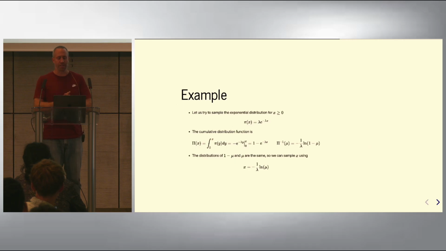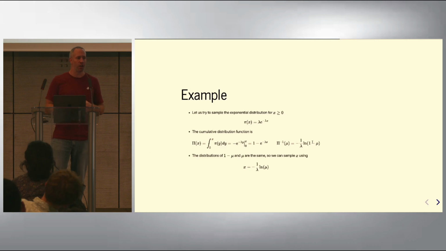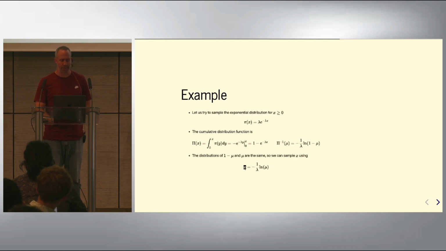We can do this with something slightly more sophisticated. So let's imagine I take a probability distribution, which is now this decaying exponential. Okay? Well, again, I can do everything analytically in this case. I integrate the function. It's again 1 minus the exponential. I can invert this. I get minus 1 over lambda times the log of 1 minus the number that I'm drawing, and I have a recipe to draw x numbers according to this probability distribution here.